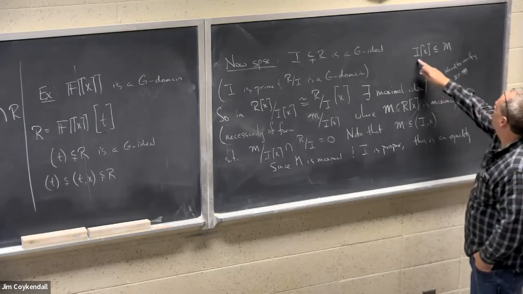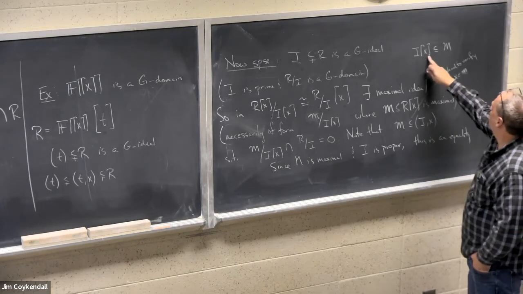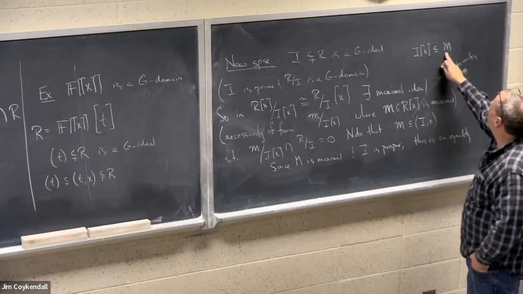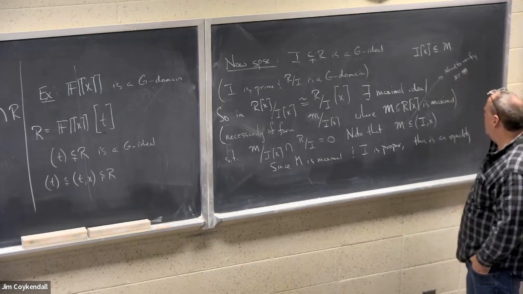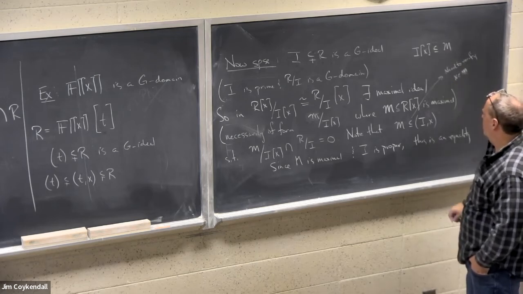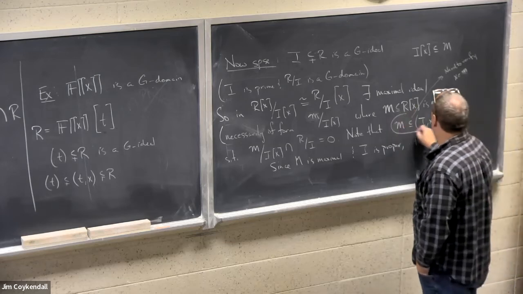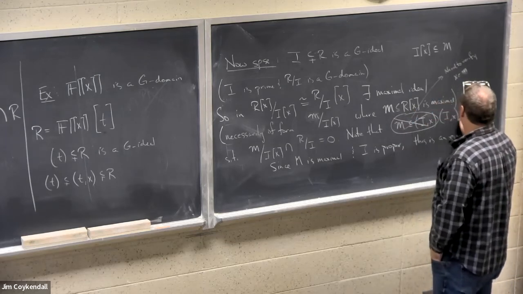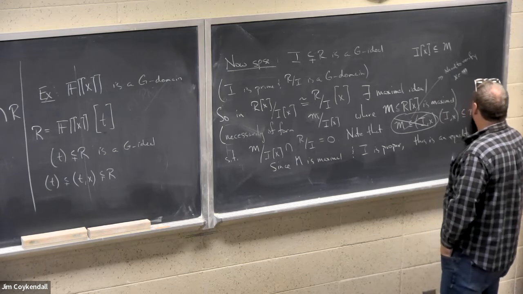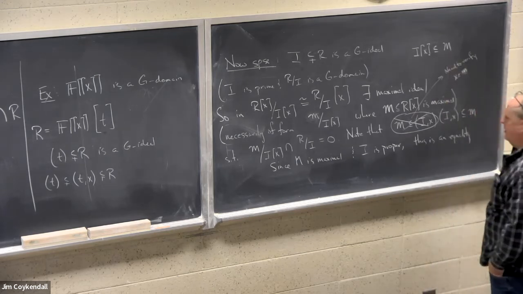Oh, yeah, so if you get X in M, then, yeah, you're right, maybe I fit the containment here. So we know that I comma X is contained in M if we get this condition here.